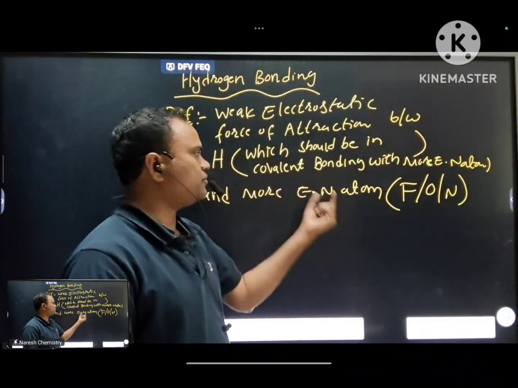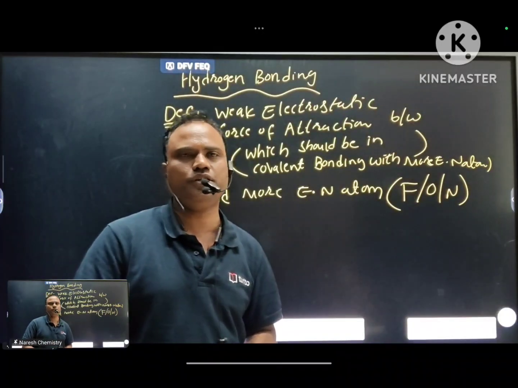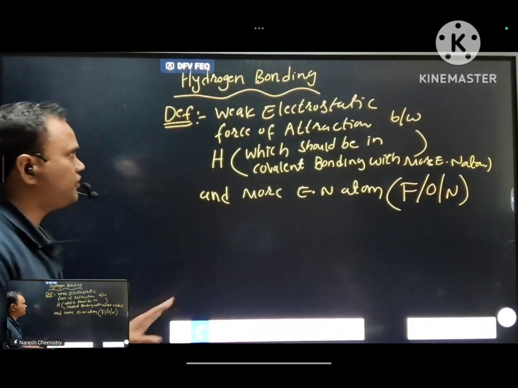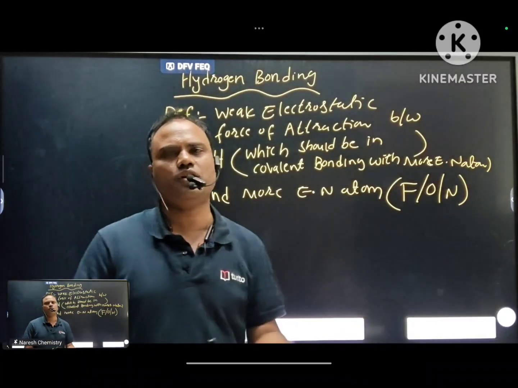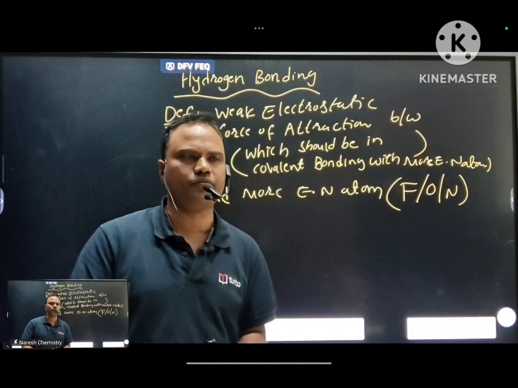This hydrogen and this more electronegative atom both should be held by covalent bonding. That is the condition. Definition of hydrogen bonding is the weak electrostatic force of attraction between hydrogen and the more electronegative atom. This is a simple definition.